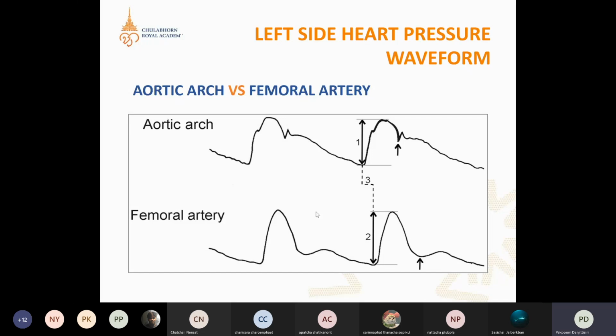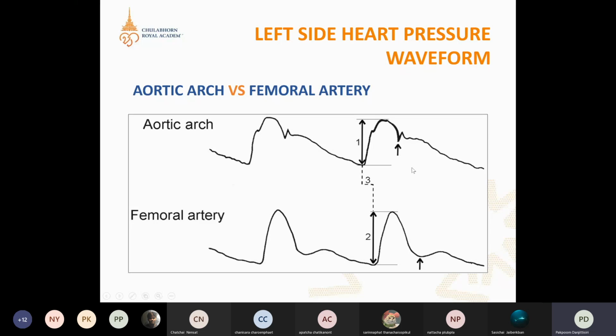For this characteristic of pressure of the aortic arch and femoral artery, I want you to know the difference between the central pressure and the peripheral pressure. Look at the arrows here from both sides.